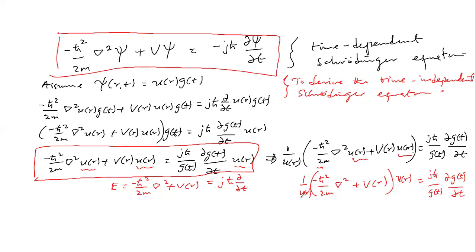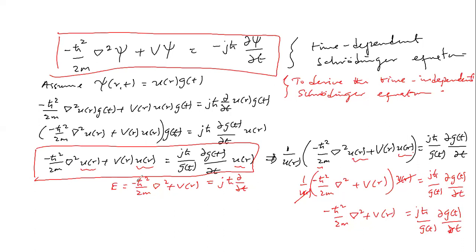Okay? Now, if we cross this out, then negative h cross squared over 2m nabla squared plus v(r) is the same as j h cross over g(t) dg(t)/dt, right?